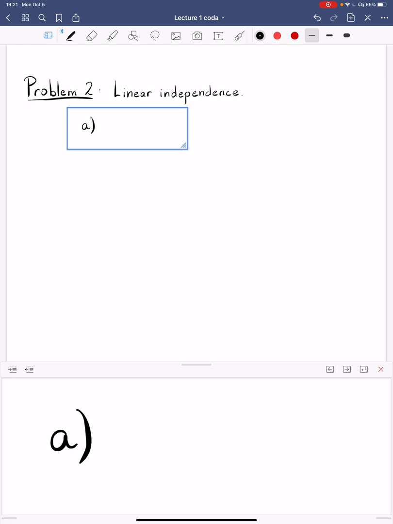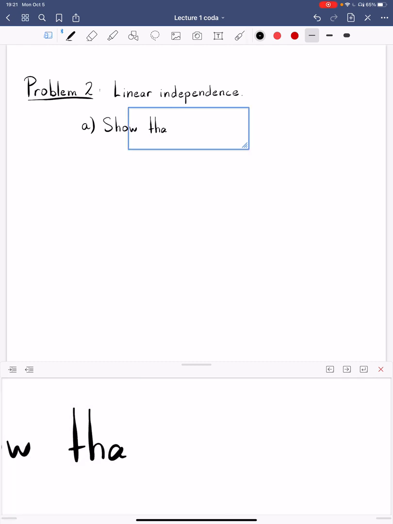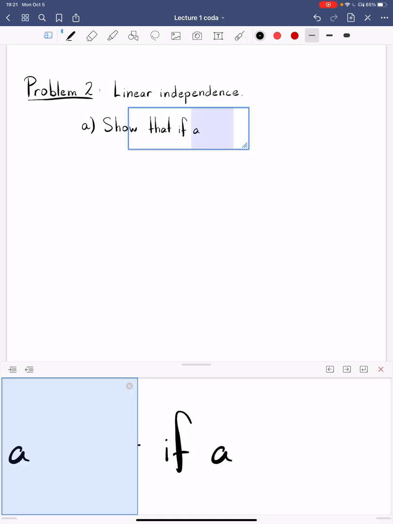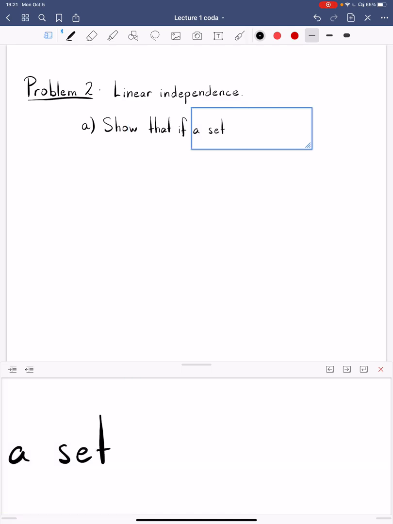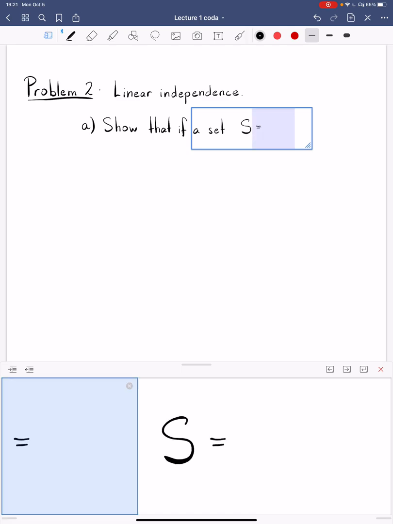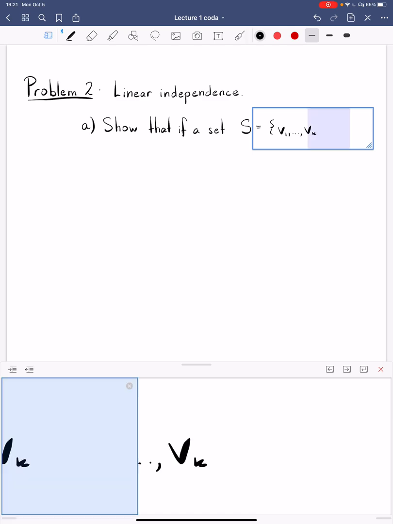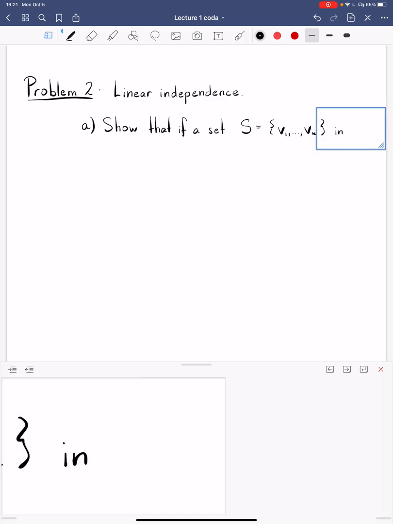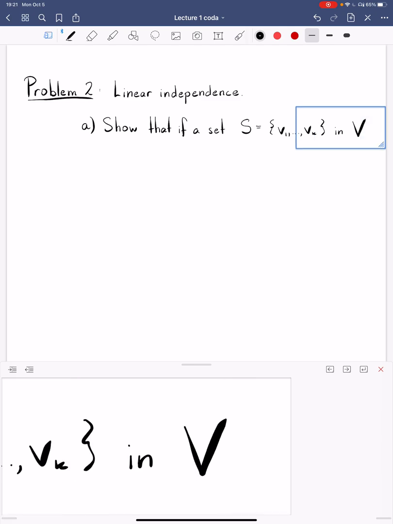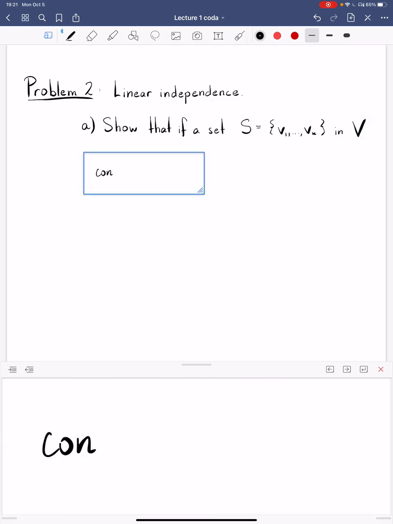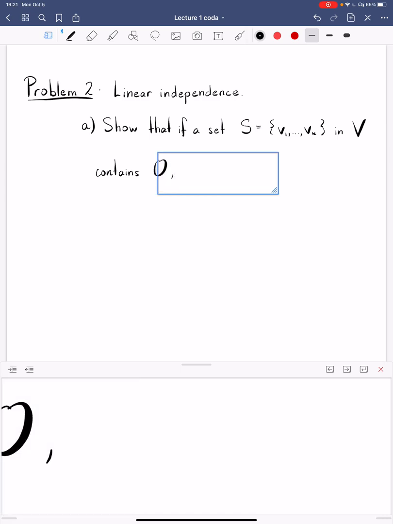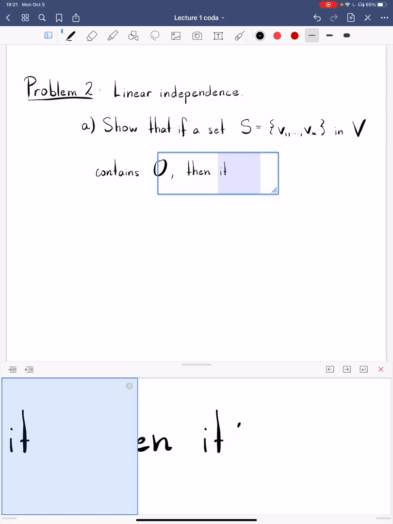The first part was: show that if a set, let's call it S, consisting of some vectors v1 through vk in a vector space V contains the 0 vector, then it's linearly dependent.